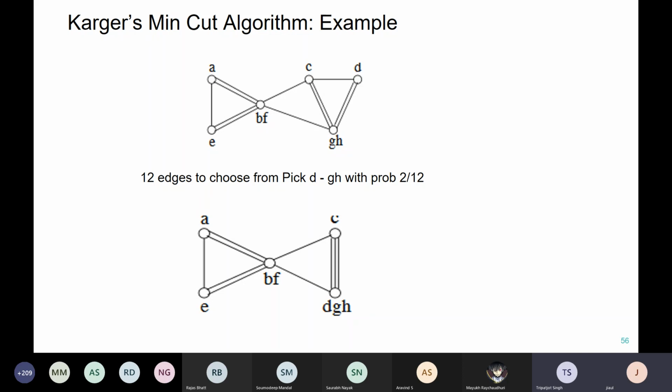Okay, because that is the way we are computing the probability. So as a result, it is highly likely that two nodes will be collapsed together which have a very high number of connections. In other words, a high number of connections means that they are a good community. Okay. So basically, they can be treated as part of the same community because there are a high number of connections. Okay, and that is the main intuition in this particular algorithm.